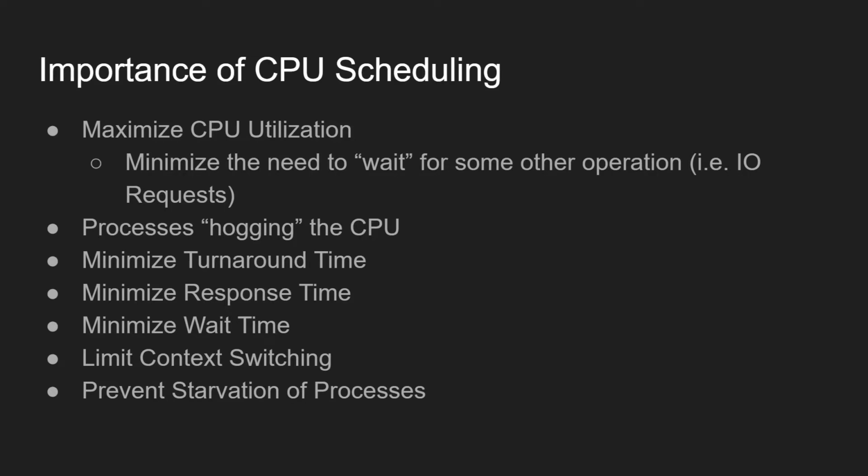We need to minimize the amount of turnaround time, response time, and wait time, as well as limiting the number of context switches. But ultimately, we need to make sure that there is fairness involved such that we can prevent starvation of processes. That is, a process will not starve and not run if we're thinking about this in a ready queue type of way.